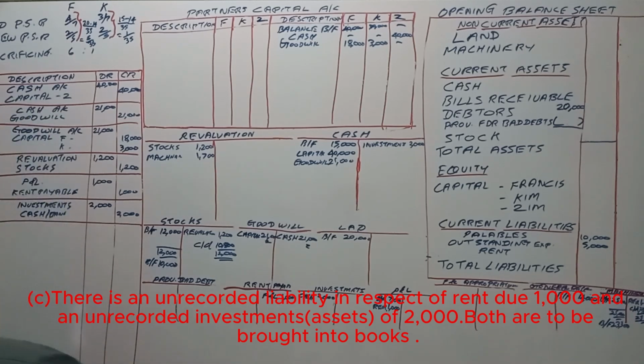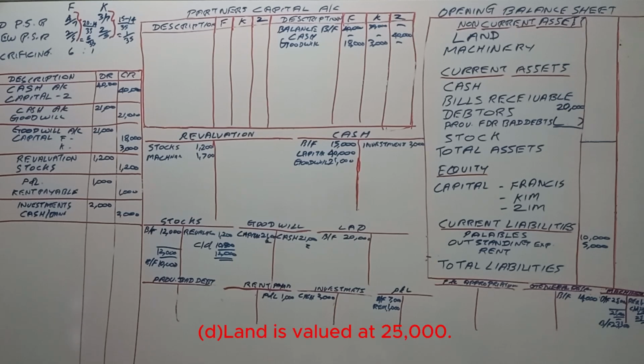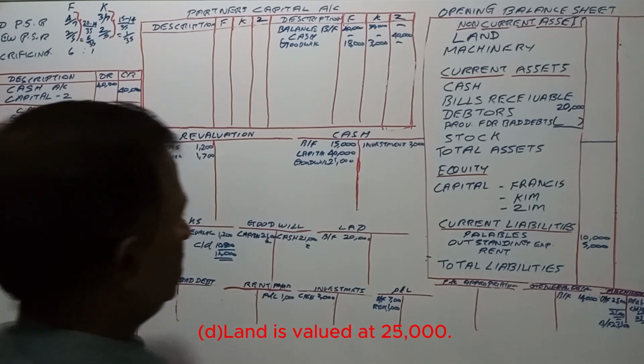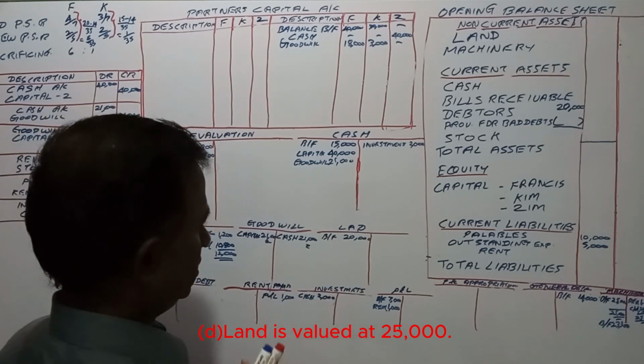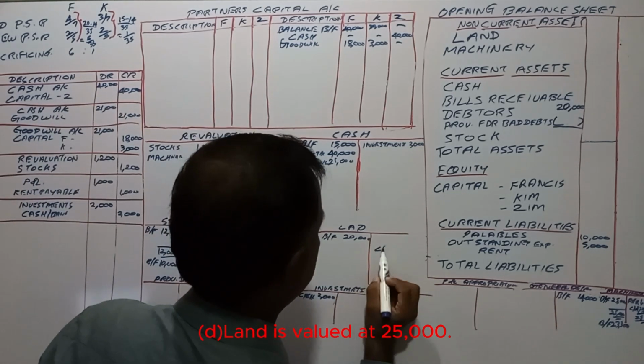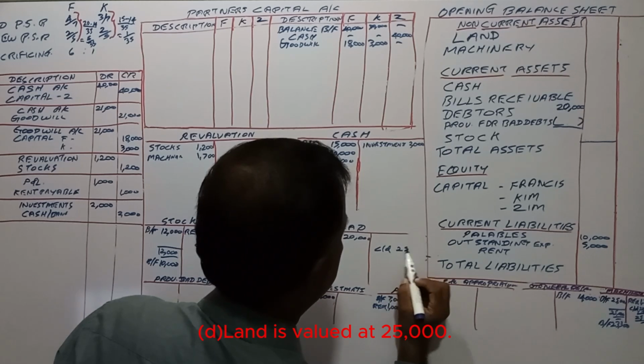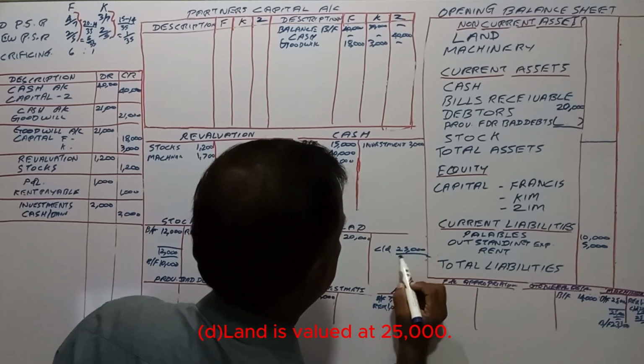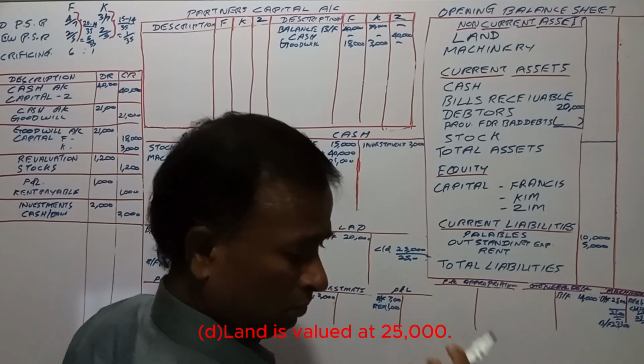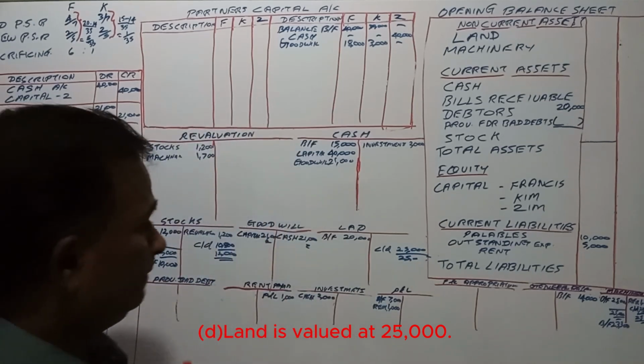Investment account. So land valued at 25,000. Land is valued at 25,000. Then carrying down value is 25,000. Sorry.